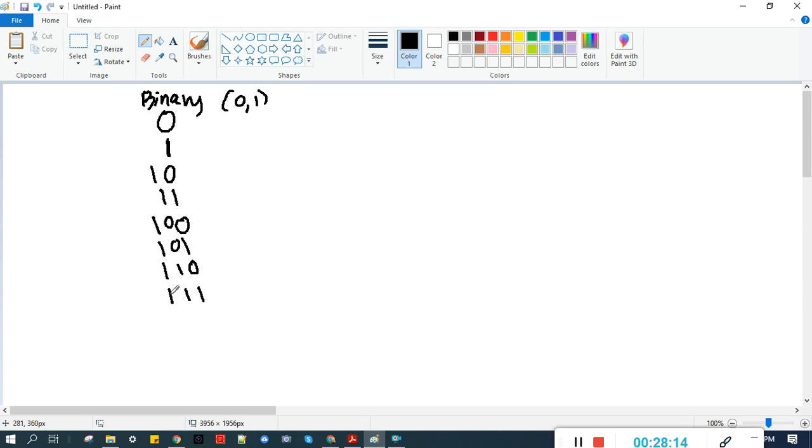What's the next binary number after this 111? Since we can't add another 1 in these 3 digits of the binary number, we go to the next digit, and it becomes 1, 0, 0, 0.